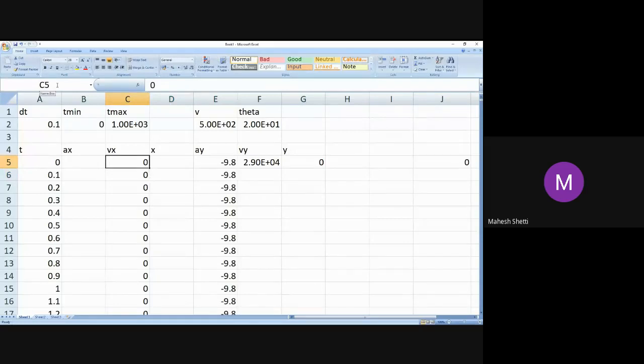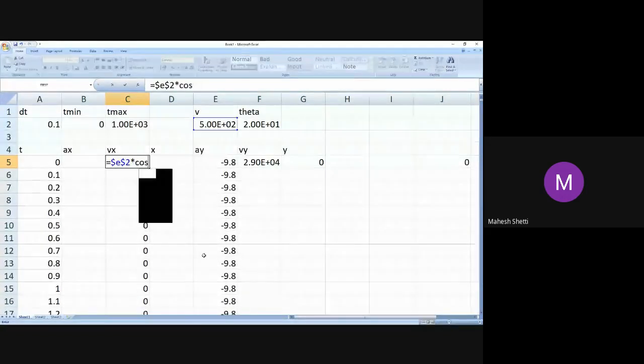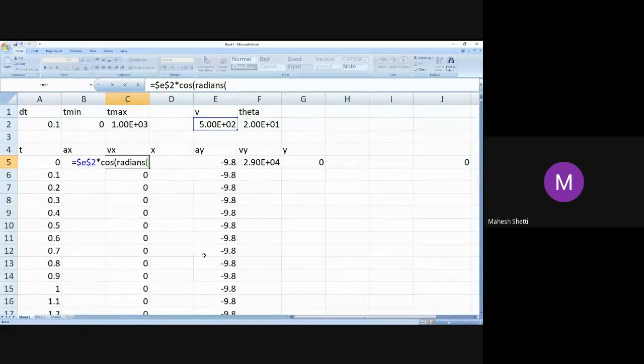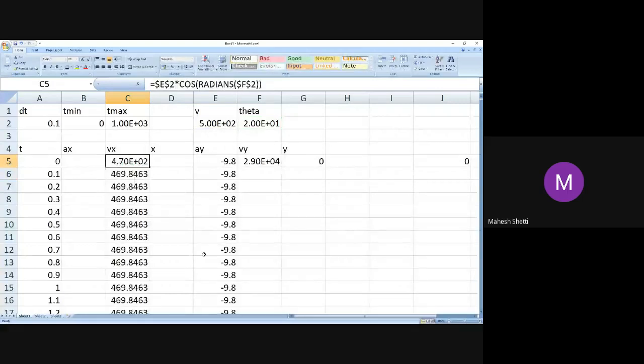What is my x velocity? It is the initial velocity I am giving, $E$2, into cos theta. Because I am giving angles in degrees, I must first convert that into radians, and then write cos theta. So this is the initial velocity that I am giving.